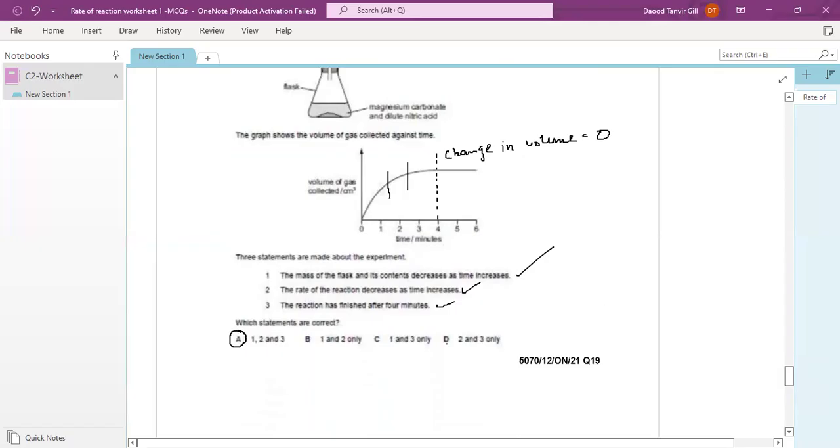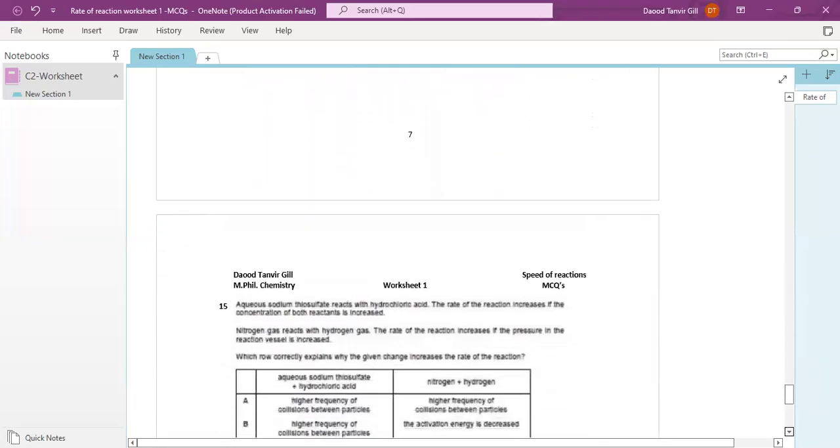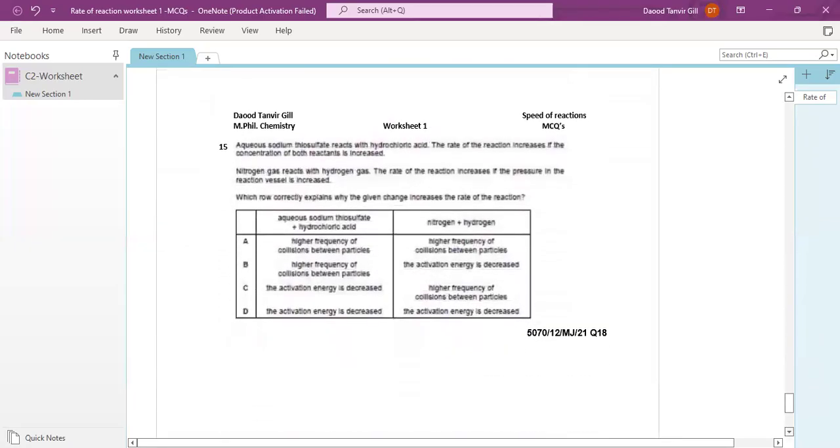Okay, students, let's look at the other question. Question number 15. In question number 15, basically there are two reactions. One is between sodium thiosulfate and hydrochloric acid, and the other is between nitrogen gas and hydrogen.